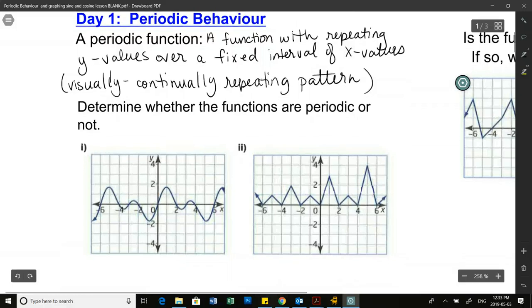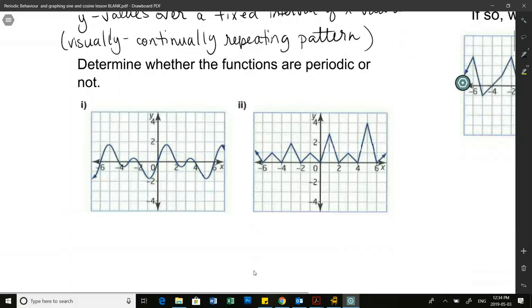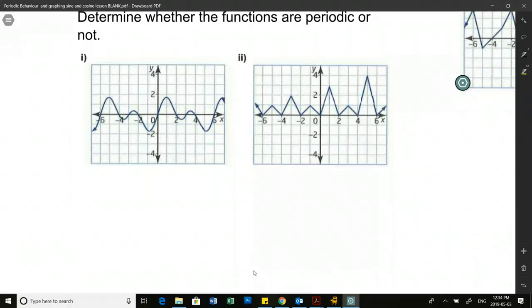Okay, so if we look at the examples of these two graphs below, essentially what we would be looking for to define these as periodic or not periodic is, does the pattern repeat? And as soon as that pattern is repeated again, it should be immediately after the pattern ends the first time. So visually, for question one here, does this look periodic to us?